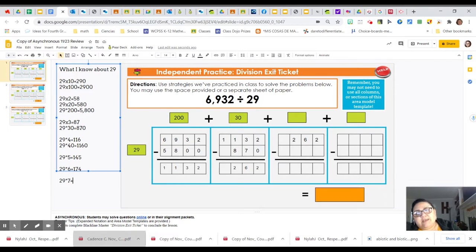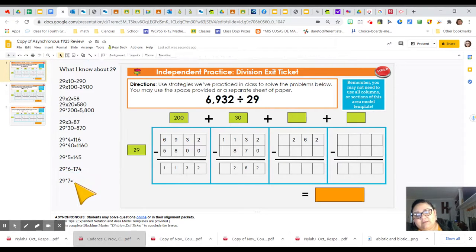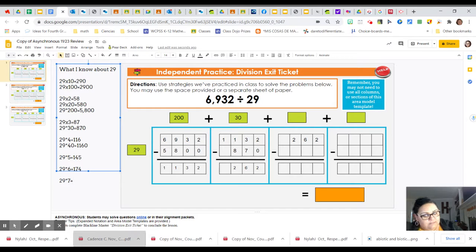So now we have 203. Now if you take a look here, 9 times 7 is 63, and 20 times 7 is 140. I think that we could keep adding. So maybe we should go over 29 times 8.